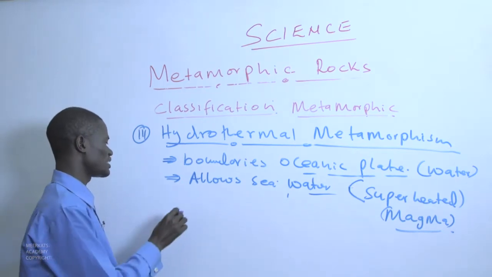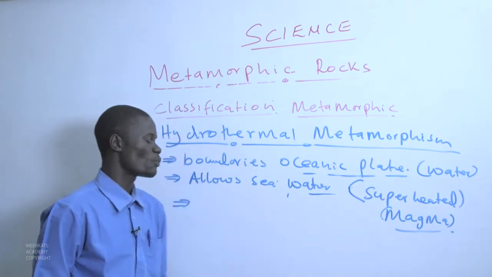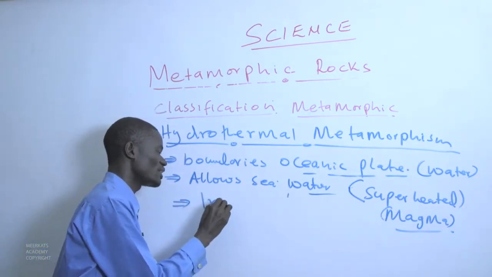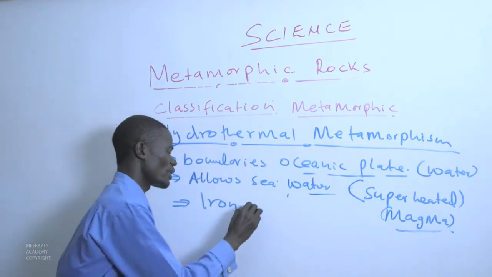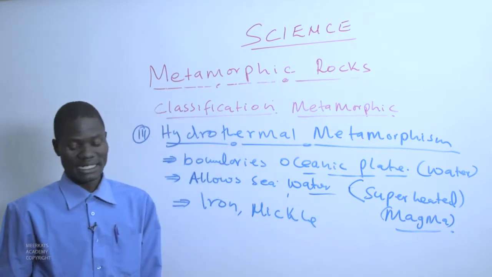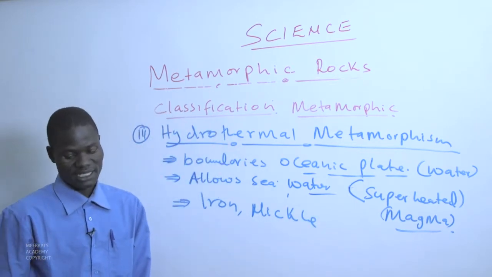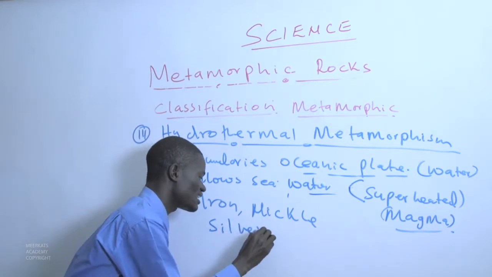Such mineral content that will be very much reactive as a result of the superheated water includes the iron that is found in the rock. We can also look at the nickel. Nickel is also a mineral content that is found in those rocks, and then we will have silver.